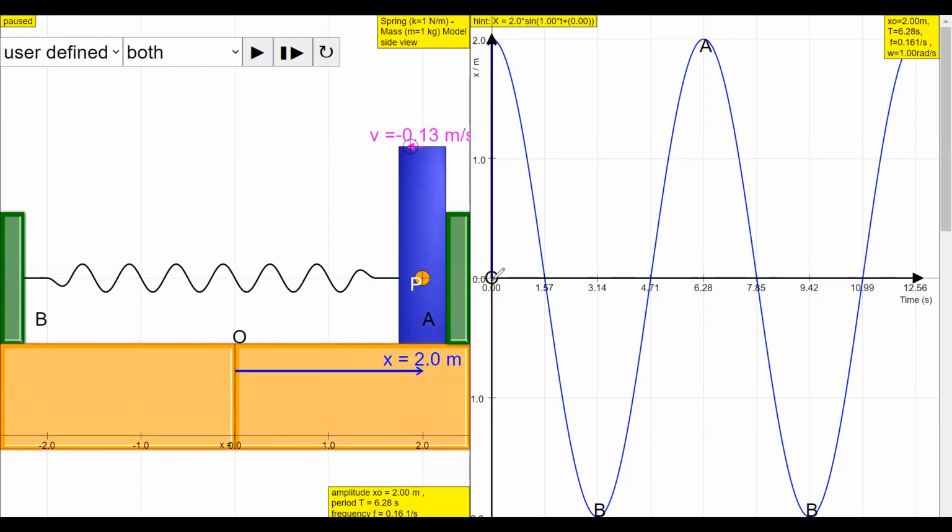So first, let's define the amplitude. Amplitude is the maximum height or maximum displacement that our body can move.